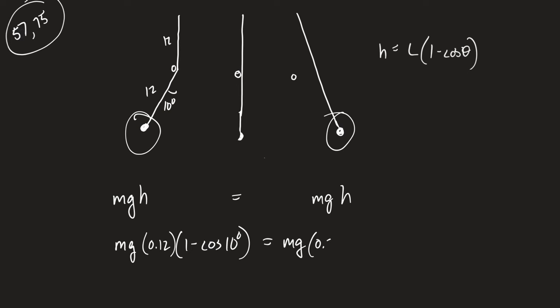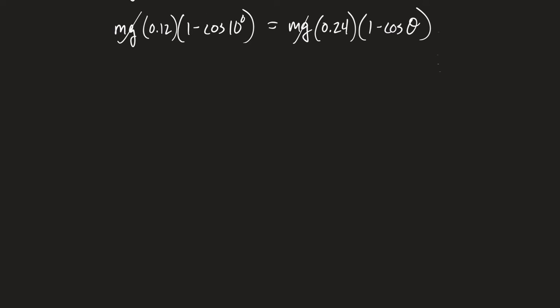So then on the right side, mg, the string length is suddenly changed to 24 centimeters, times 1 minus cosine theta. Cancel those mg's. Divide both sides by 0.12, and I get 1 minus cosine 10 degrees equals 2 times 1 minus cosine theta.